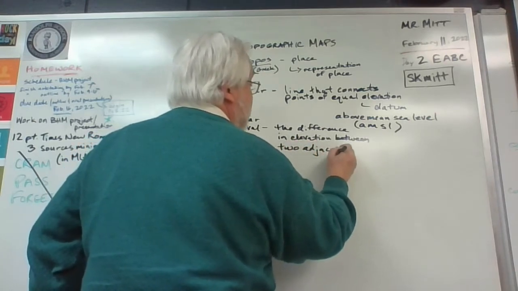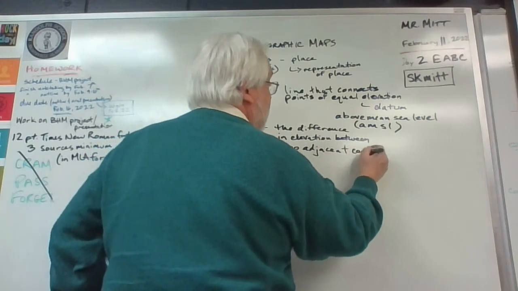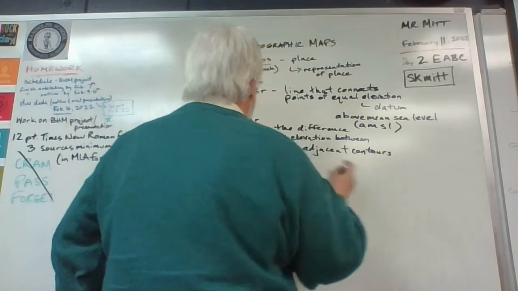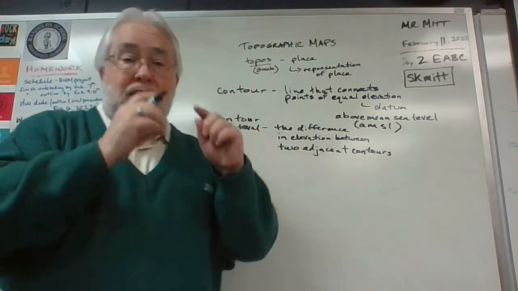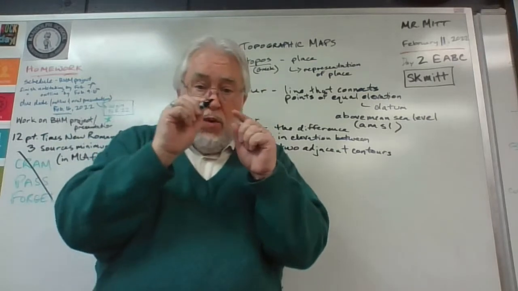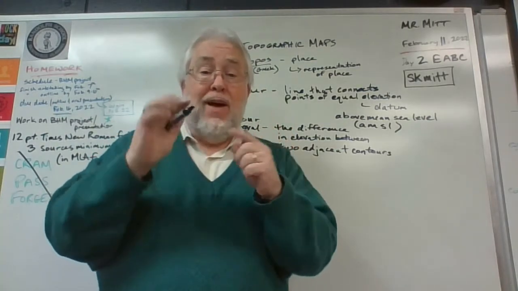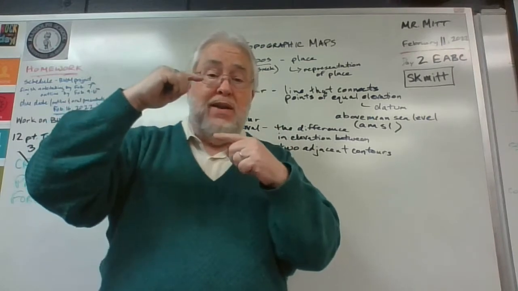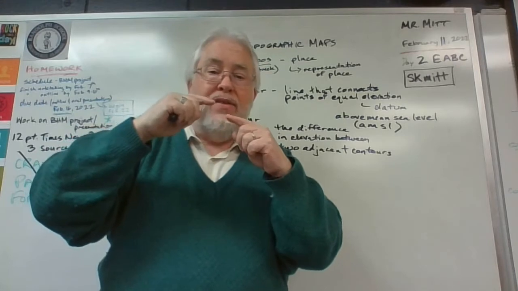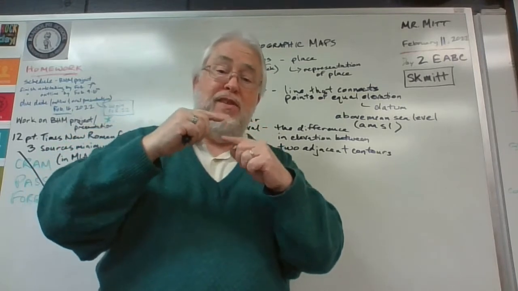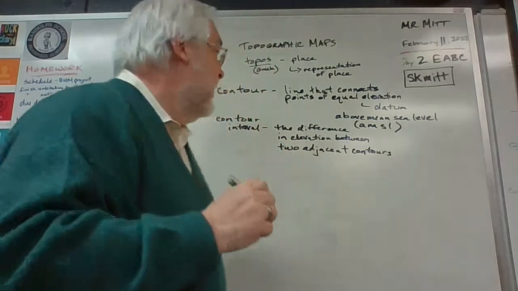Adjacent just means those that are next to each other. As we talked in class today, you can find on the corner of a map somewhere, it will tell you what the contour interval is. You can also determine it by looking at 2 index contours that are close together and doing the math and saying, oh, these contours must be spaced this much apart. They're that different in their elevation.